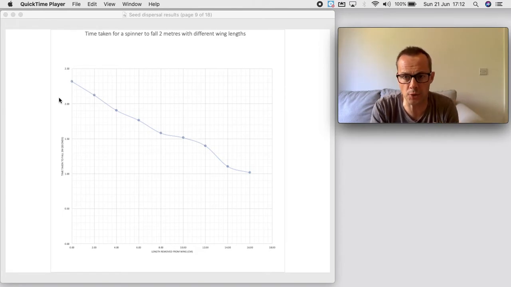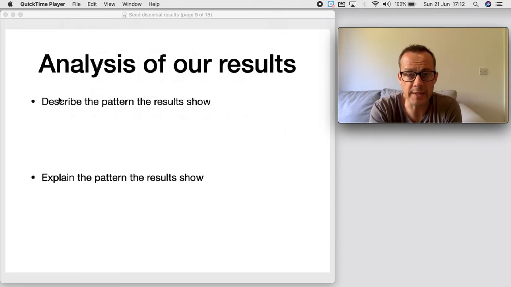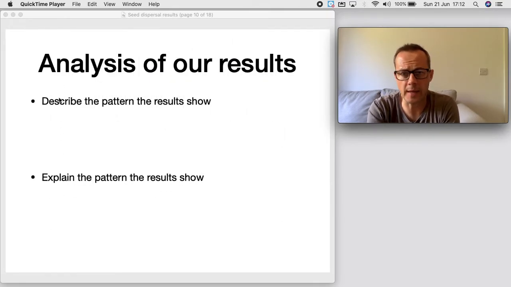So as the wings got shorter, what happened to how long it took the spinner to fall? The second thing I've asked you to have a think about on the activity is explain the pattern that the results show. So why do you think that long wings will take longer to fall? And they're the two really important things that we need to be able to do from those results.